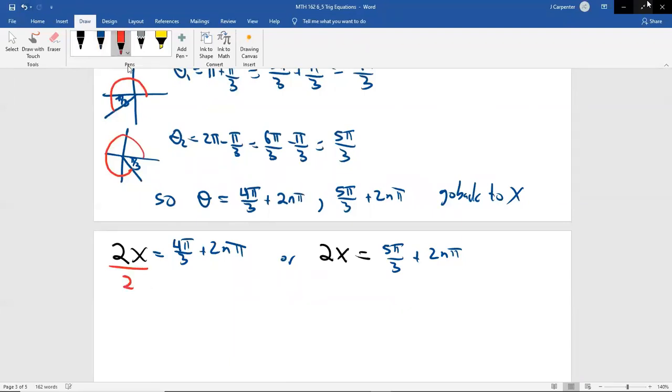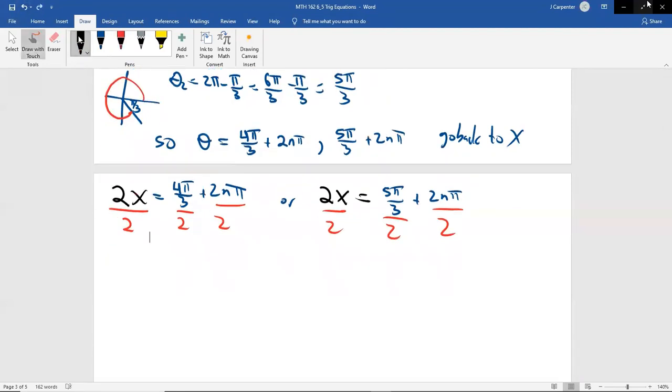Now all we do is solve for x, which is literally nothing to do. You just divide each thing by 2. Divide each thing by 2. But notice something. If you didn't put this plus 2 n pi originally, if you waited to the last second, you would just write a plus 2 n pi once you have your x equals. That is not what you're going to see for the actual answer, though.